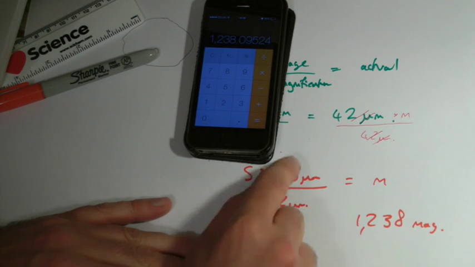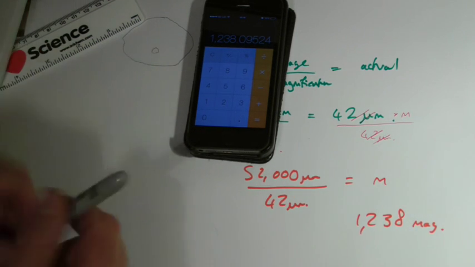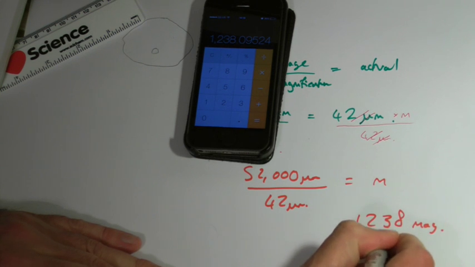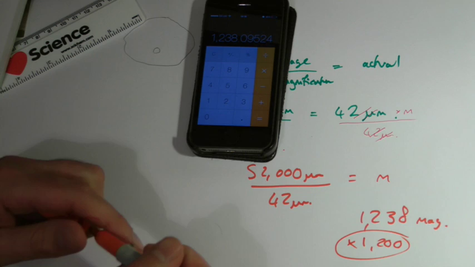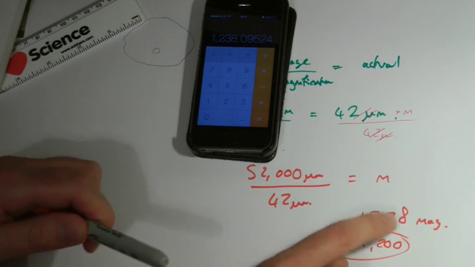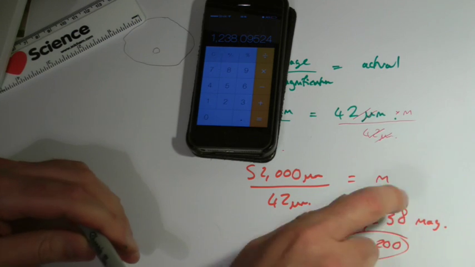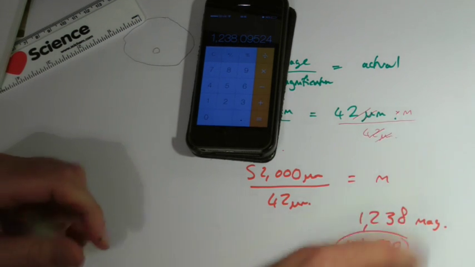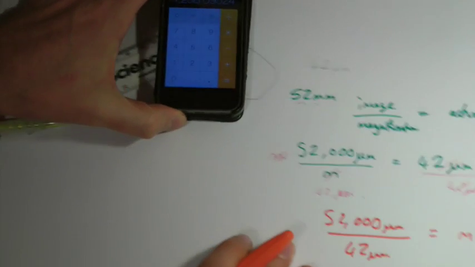These slight errors mean that instead of getting a nice roundish number, maybe in reality it was a times 1200 magnification, I won't necessarily get a nice neat number. So when you're working out magnifications, expect that to come up. Expect it to not be perfectly on the magnification because of these small errors that creep in.